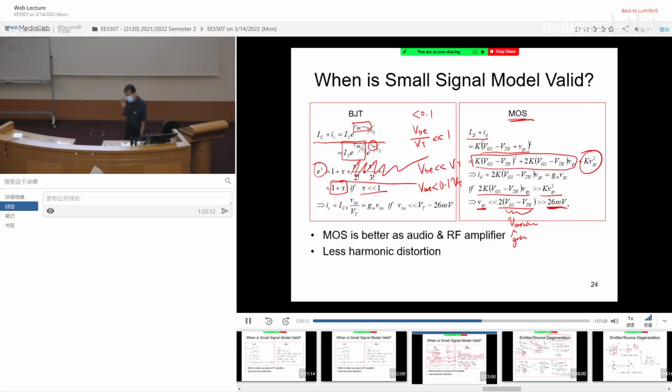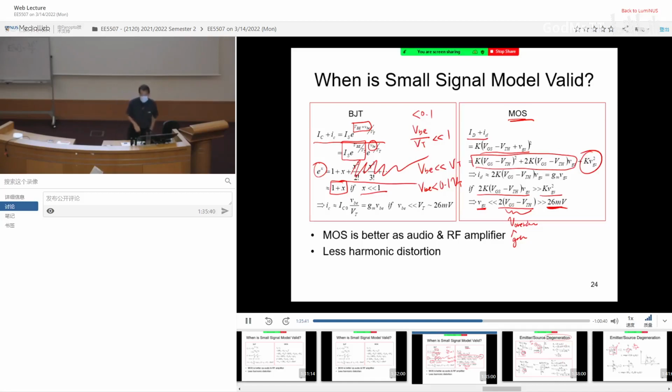So MOSFET is better than BJT from two perspectives. One is that it can tolerate a larger range without too much distortion. Second perspective, if you look at the equation, they only introduce a square term, unlike BJT, which will introduce cube, to the power 4, to the power 5th. So there is much more distortion for BJT compared to MOSFET. Okay?